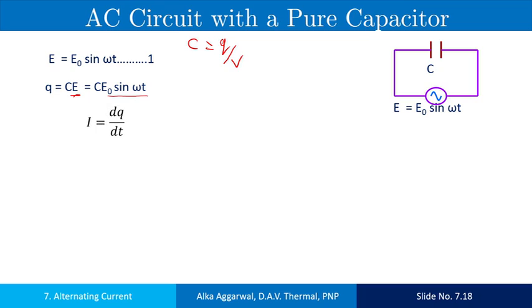As you know, the current is the rate of flow of charge. So to find the relation of the current, we have to differentiate this equation. Now when we differentiate sine omega t, you know it is equal to cos omega t.